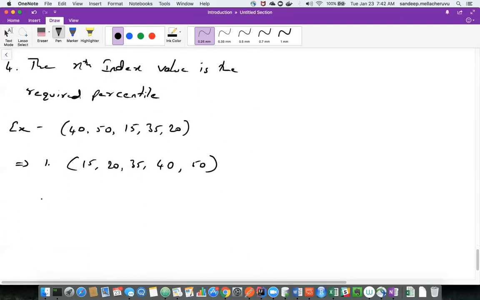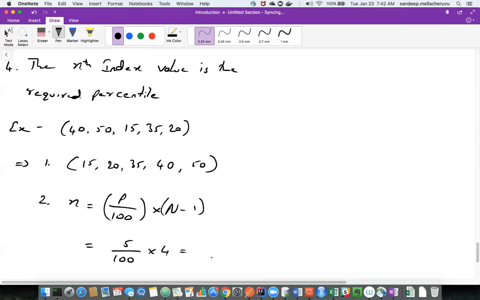Second, n equal to p by 100 into capital N, what is p here? 5. 5 by 100 into, sorry, it is N minus 1. 5 by 100 into N minus 1, which is 4, which is exactly 0.20.